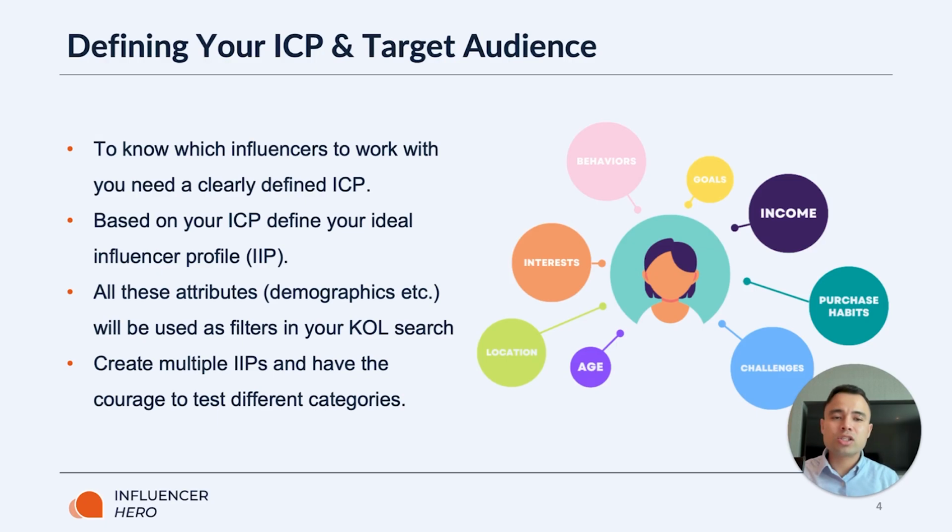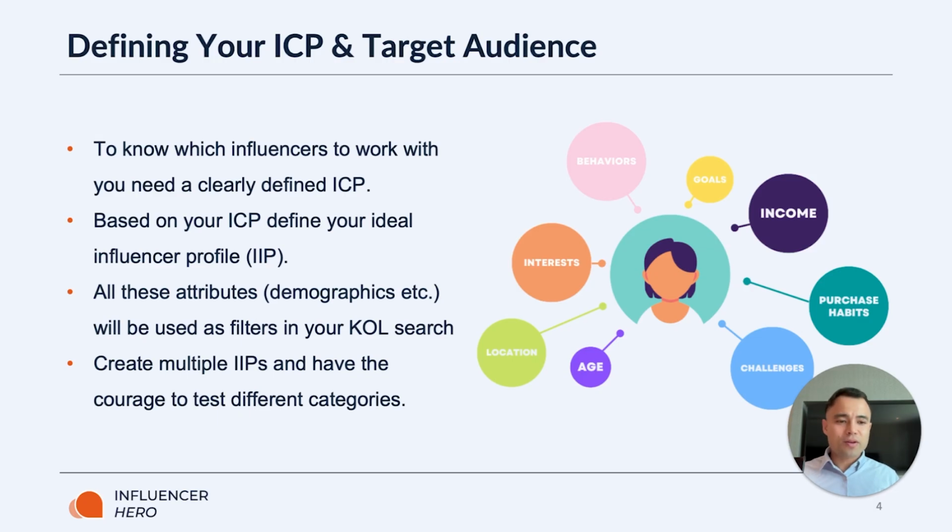And this is why the ICP, the customer profiling, is so important, because what we have seen by working with tens of thousands of influencers with different brands is that your ideal influencer profile, or the influencer which performs, could be slightly different from your ideal customer profiling. So let me give you an example, or let me take a step back and explain this in more detail.